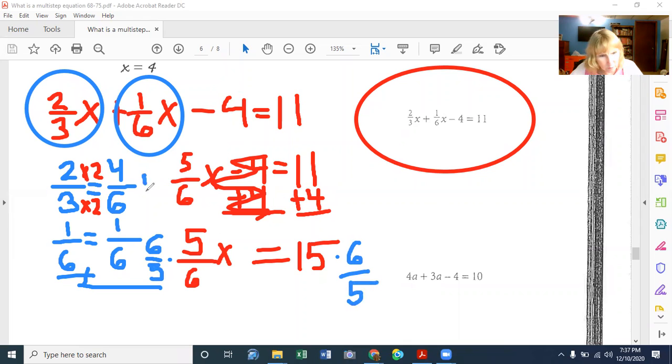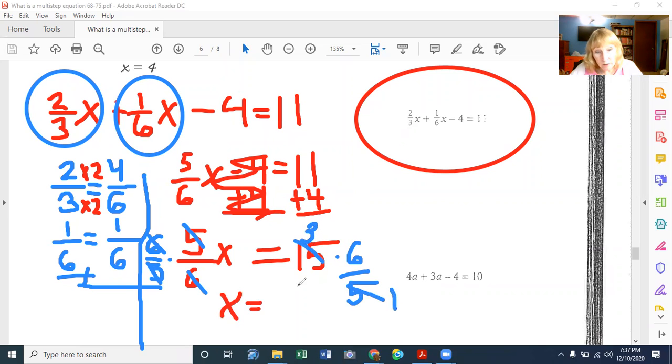I'm going to try to just draw a little line so you can separate that. Okay, and the 6's will cross off and the 5's will cross off, leaving me with my x by itself. My variable is what we want to be by itself. And then I just do the math on the other side, and I take 5 into 15. That'll go 3 times. And then 5 into itself goes once.